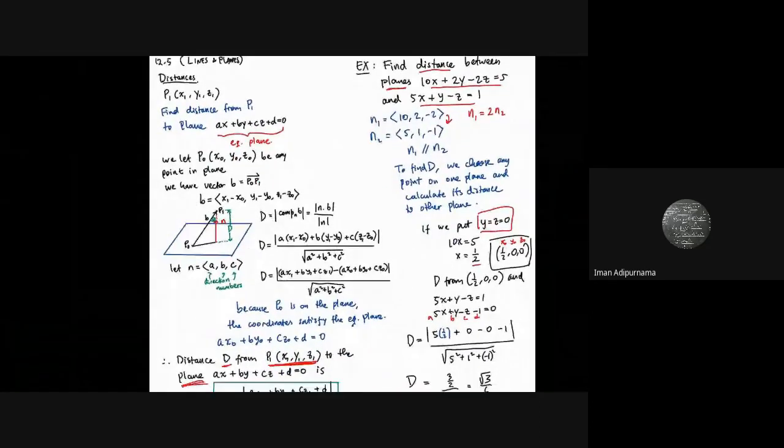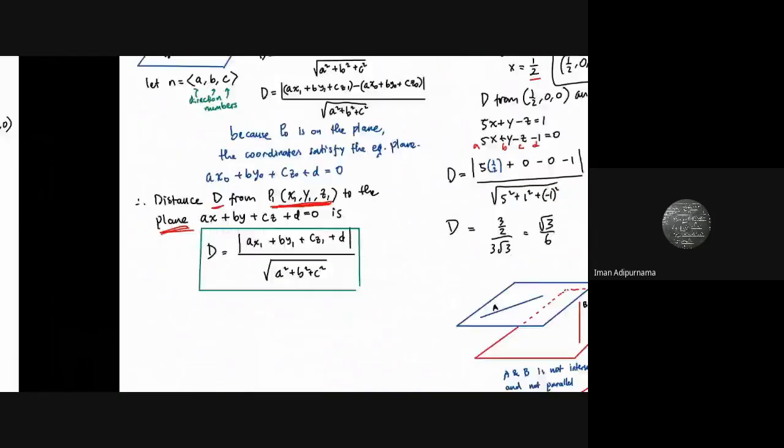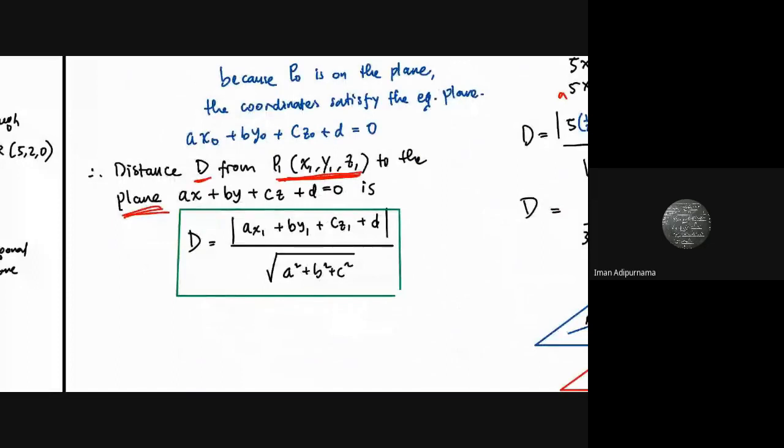The distance from some point to another plane we can measure using this formula here, where ax + by + cz + d comes from the plane equation, and a, b, c are also from the plane equation, the normal vector.